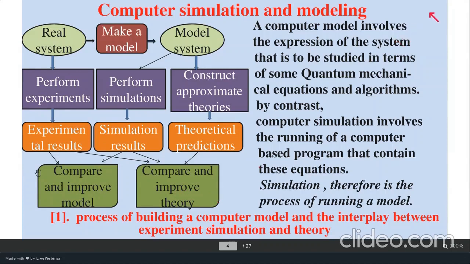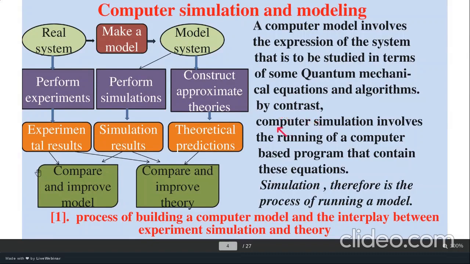Here, what computer simulation says is that a computer model involves the expression of the system that is to be studied in terms of some quantum mechanical equations and algorithms. We are using these methods, basically the density functional theory method, solving some quantum mechanical equations and algorithms.